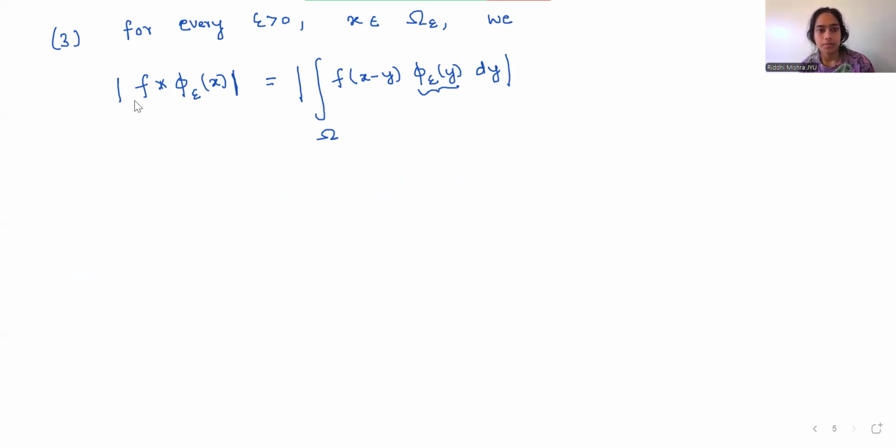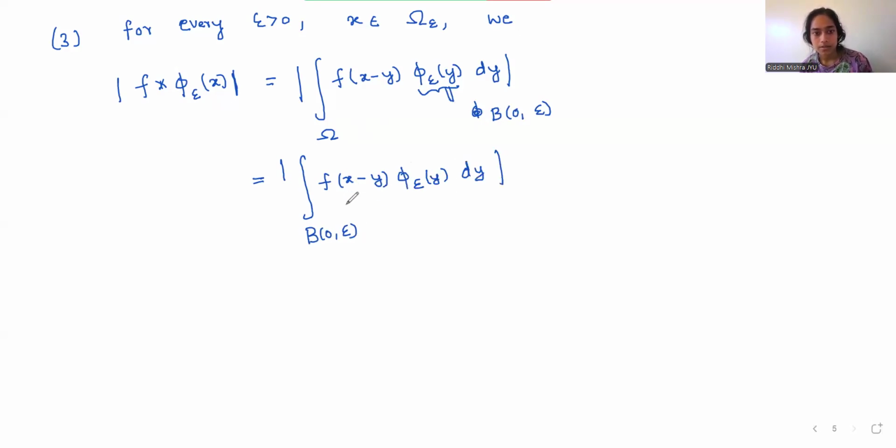So let's do it completely. Let me do it more clearly now. So you can write this. This has support in B0 epsilon. So you can write this integral over B0 epsilon of f(x minus y) phi epsilon(y) dy.